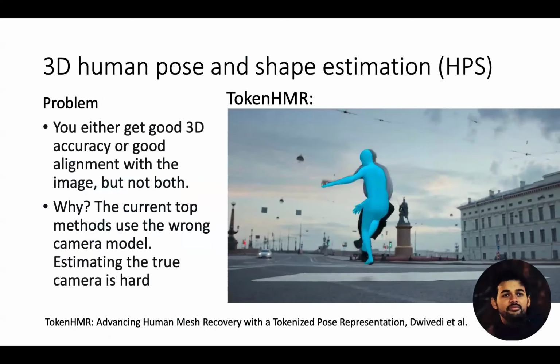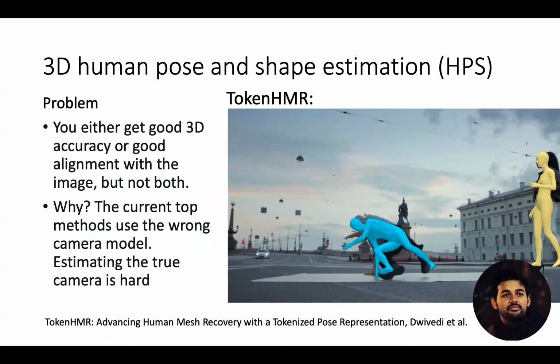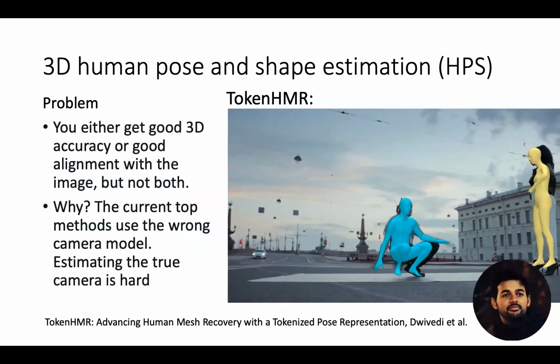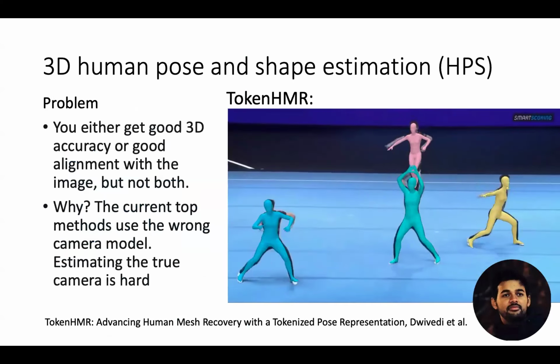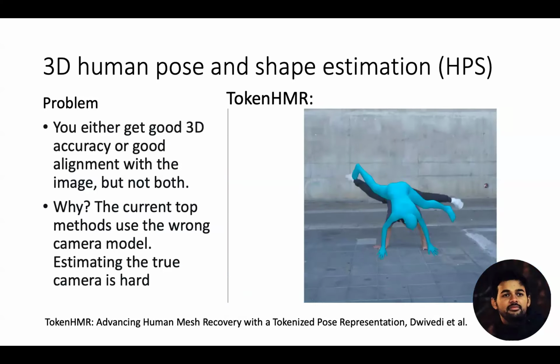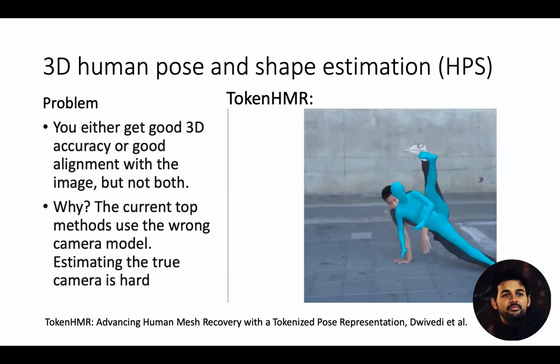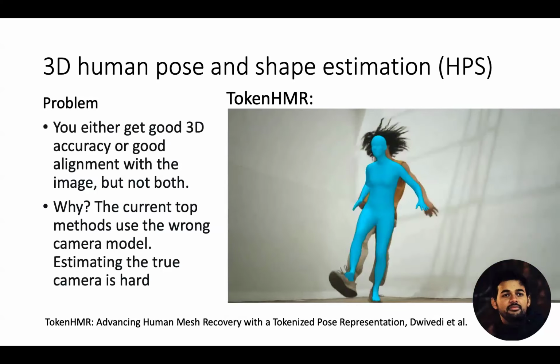Well, that's a real problem, it turns out. And the problem is that camera model is wrong. And if that camera model is wrong, trying to make your model match 2D key points gives you very nice projection into the image, but it gives you the wrong 3D. There's a no free lunch thing here.